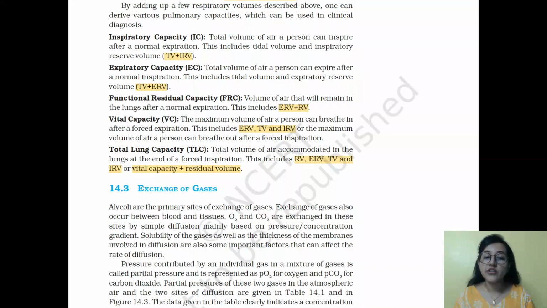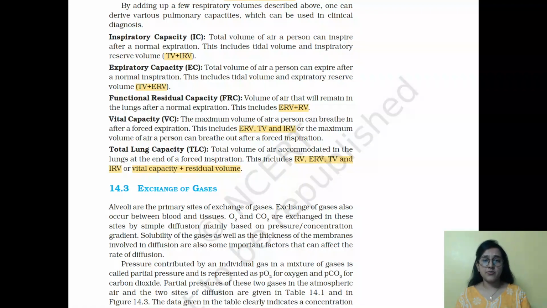Now comes the functional residual capacity or FRC. It is the volume of air that will remain in the lungs after a normal expiration. This includes expiratory reserve volume plus residual volume. Now think about a normal expiration.